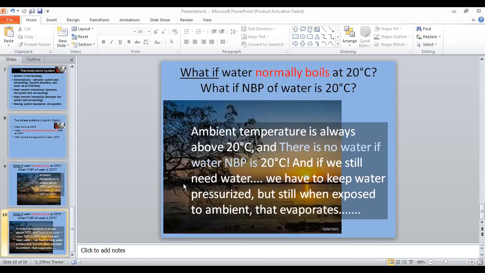In a temperate environment, let's say 30, 40 degrees Celsius, sometimes in the summer, water is warm, but still liquid.